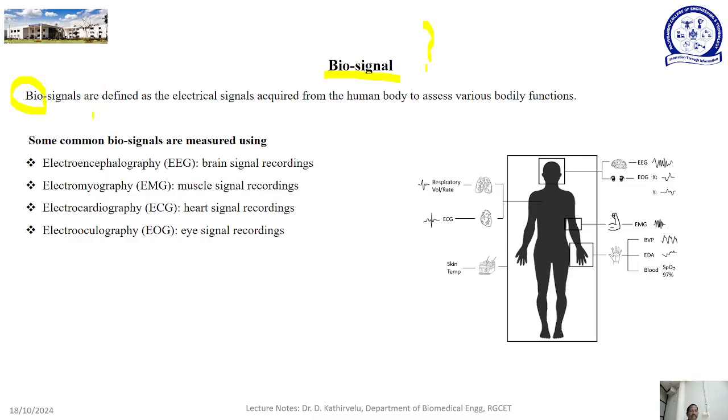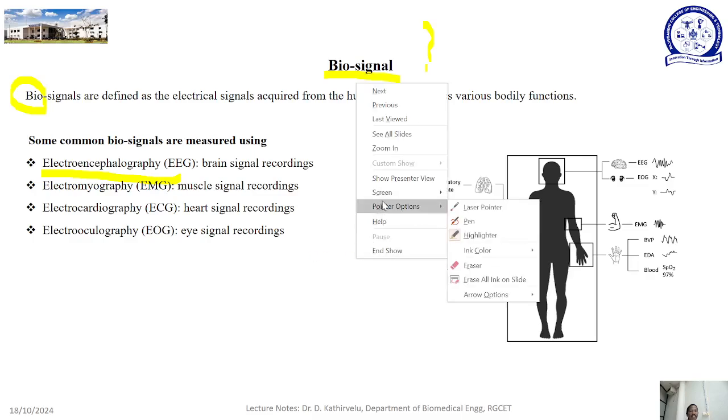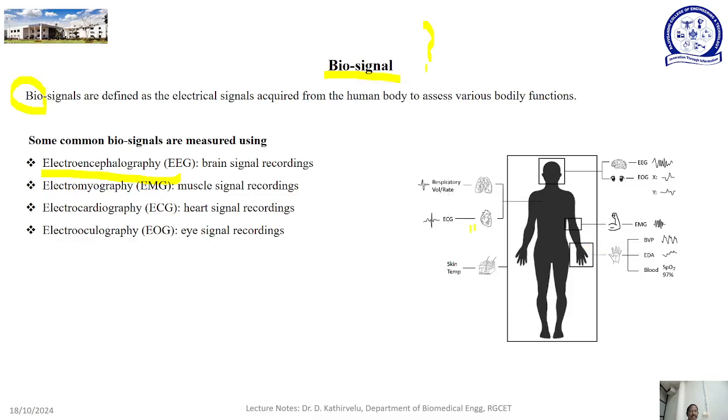What are the common biosignals that are used? They are EEG. EEG stands for electroencephalography, which is used to study the electrical activity of the brain. We have electromyography, which is used to study the electrical activity of muscles. We have electrocardiography, the study of the electrical activity of cardiac muscles or heart.